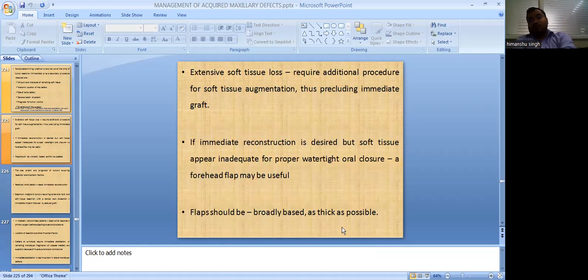Extensive soft tissue loss requires additional procedures for soft tissue augmentation, thus precluding immediate graft. If immediate reconstruction is desired but soft tissue appears inadequate for proper watertight oral closure, a forehead flap may be useful. Flaps should be broadly based and as thick as possible.